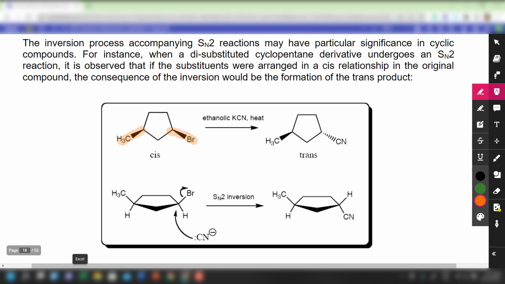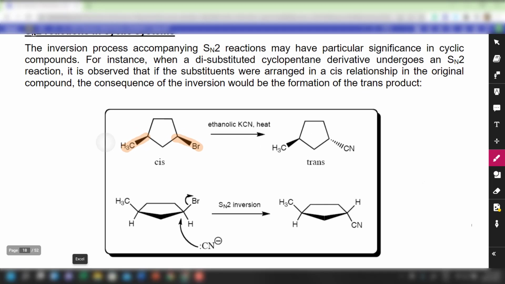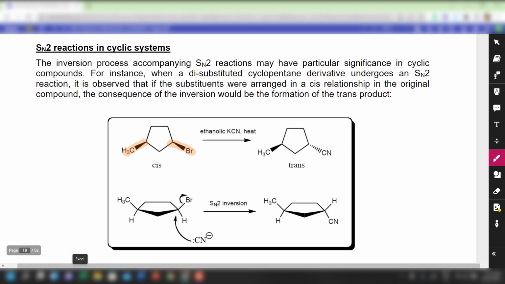So in this case, the cyanide is now pointing downwards. So from a cis isomer it becomes a trans isomer. Okay, this is not surprising. So I guess it's not something which you need to pay a lot of attention to, but just be aware of how you showcase your stereochemical projection.